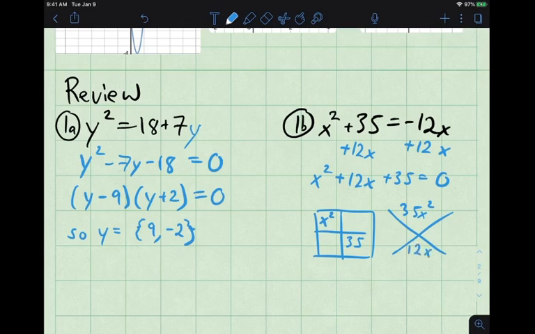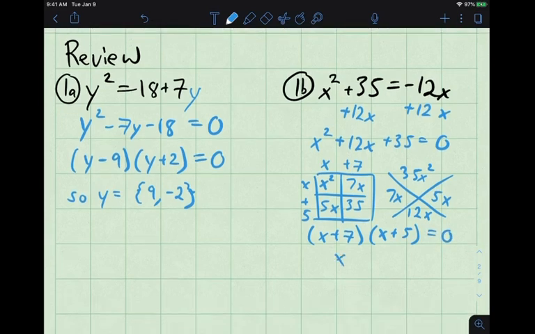Two numbers that add to 12 but multiply to 35: 7 and 5. So plus 7, x plus 5. So we get this thing in factored form equals 0. So x has to equal negative 7 or negative 5.